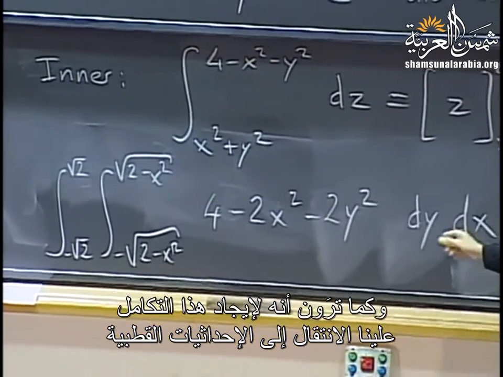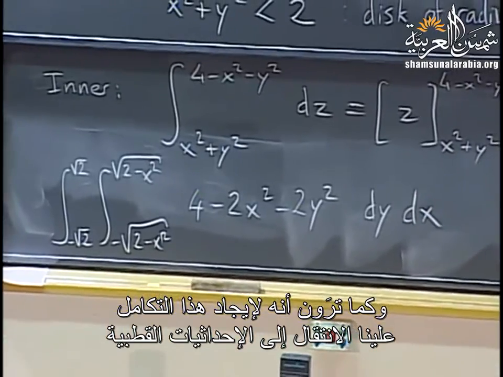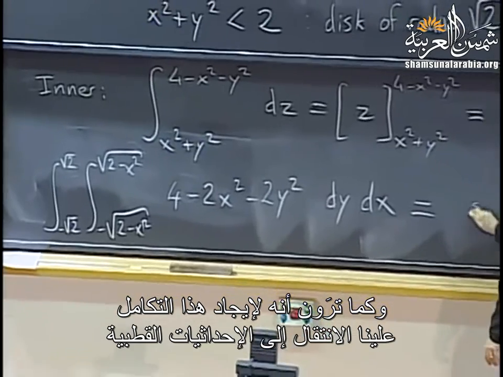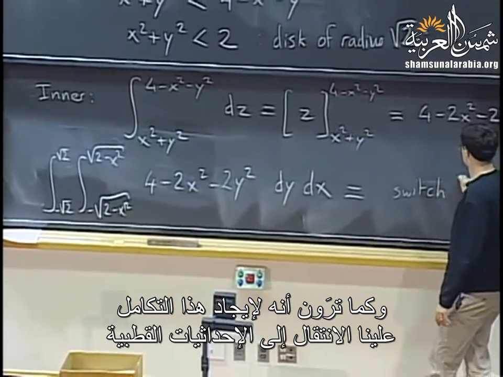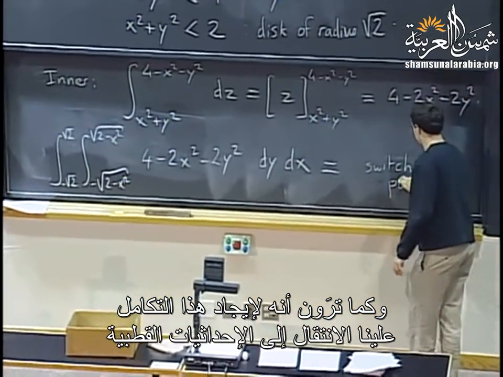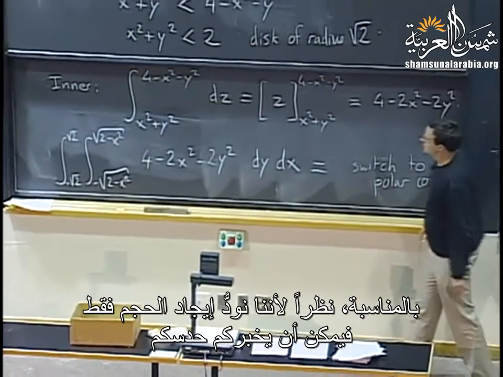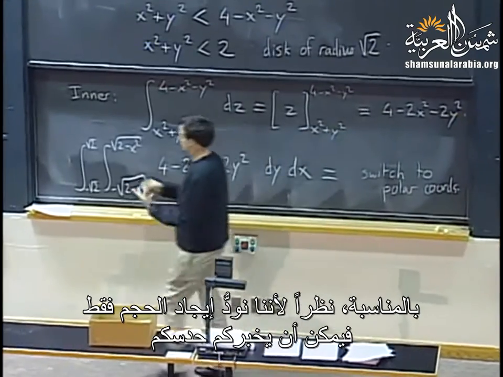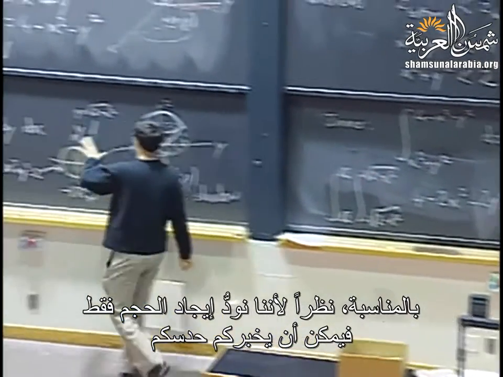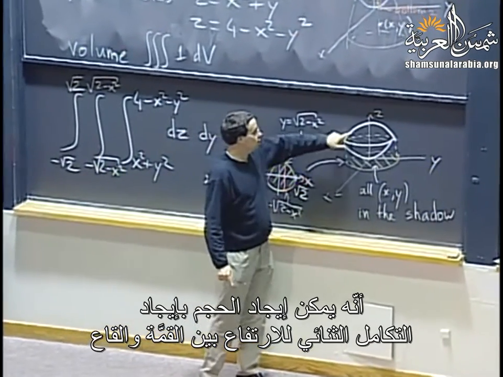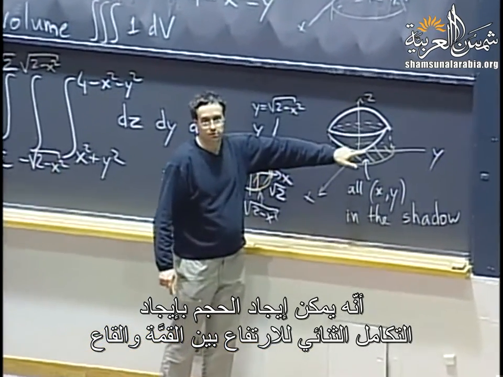And here you see that to evaluate this, you'd switch to polar coordinates. Oh, by the way, given that we just want the volume, you could also have found the volume just by doing a double integral of the height between the top and bottom.